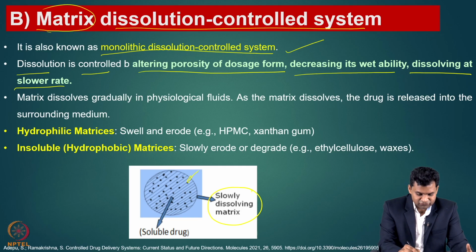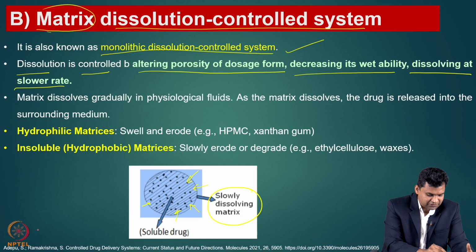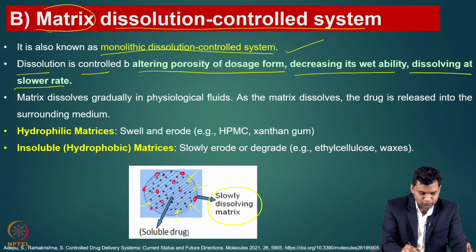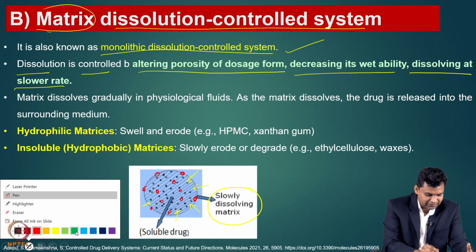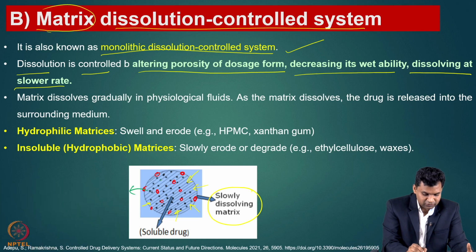The aqueous fluid comes in contact with your dosage form, then it forms pores on the surface, and that helps in the release of the drug from the dosage form. From this, your drug comes out as a dissolution control system in a matrix system.